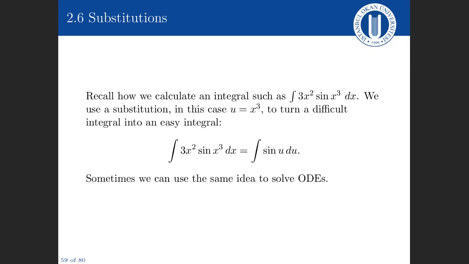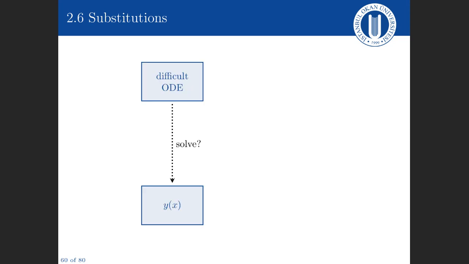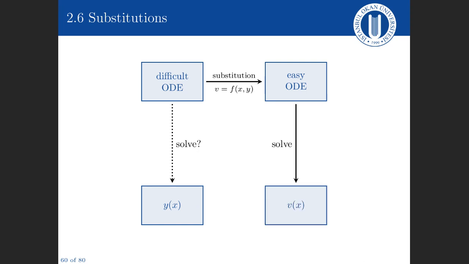Sometimes we can use the same idea to solve differential equations. We can use a substitution to turn a difficult equation into an easy one. Suppose I want to solve this differential equation. And let's suppose I can use a substitution to change this into an easy differential equation.